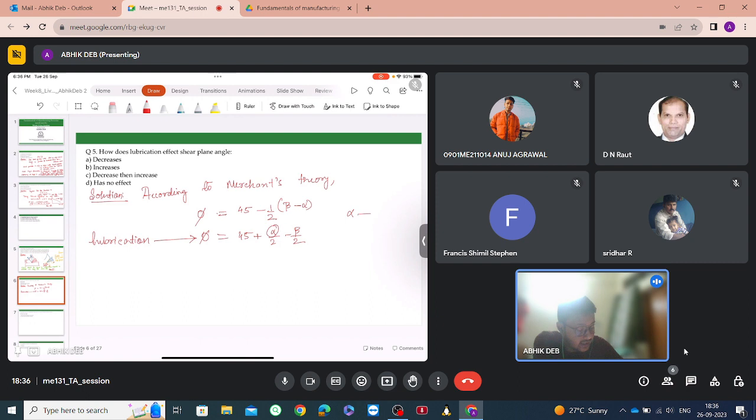Rake angle is fixed for a tool. How will lubrication change it? For a particular tool, alpha will remain fixed. Lubrication will not be changing it.